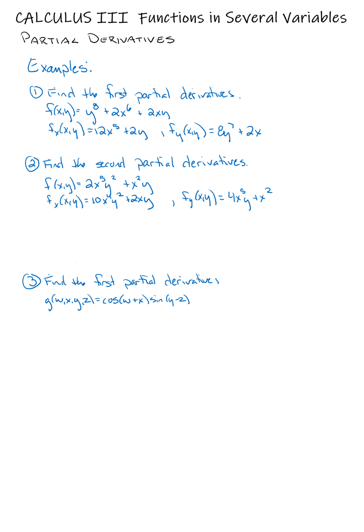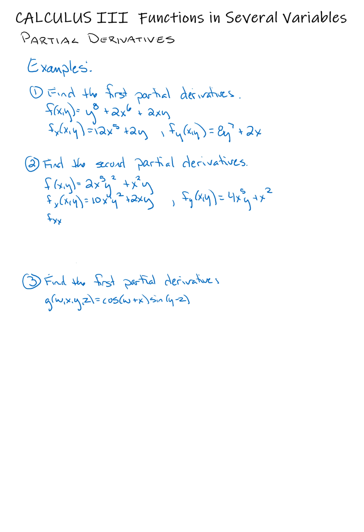Now we need the second partial derivatives. Let's take the second partial with respect to x, we'll start with this first partial. So again, looking just at the x's, those y's will stay constant. So we end up with 20.